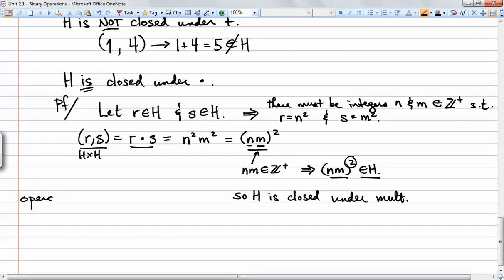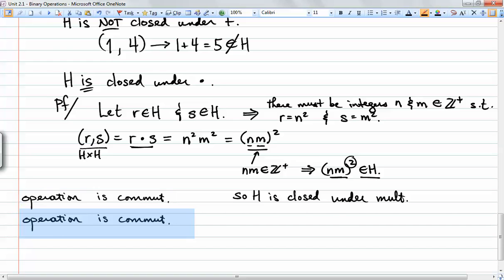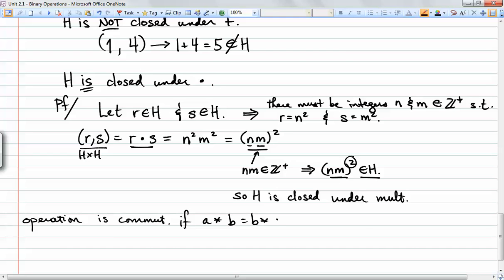An operation is commutative if A star B equals B star A, and it's associative if A star B, then star C, where I pair these two, is the same thing as A star, B star C. Now, these aren't always going to be true.